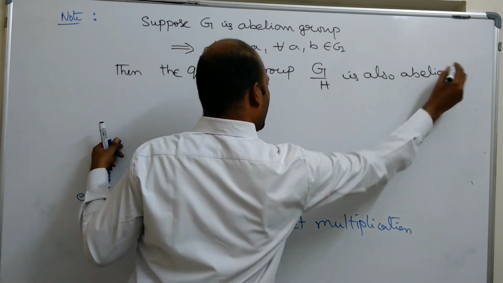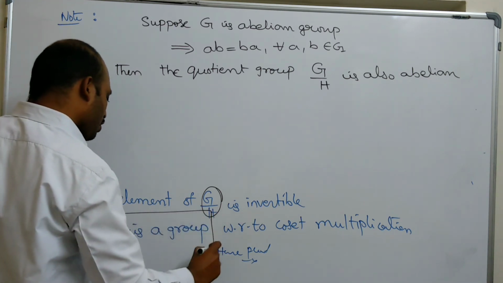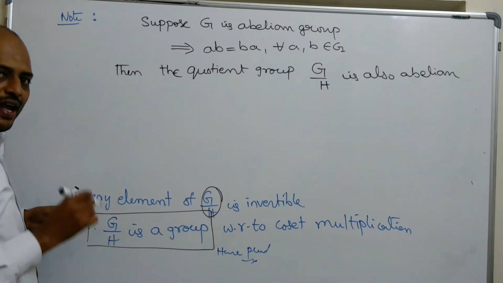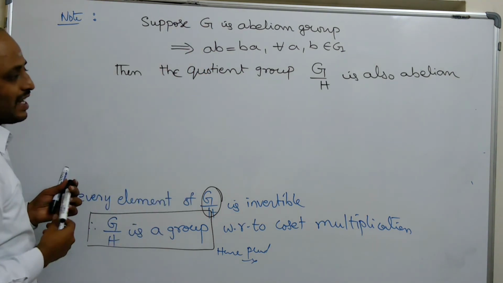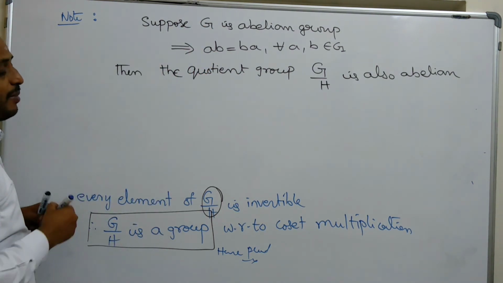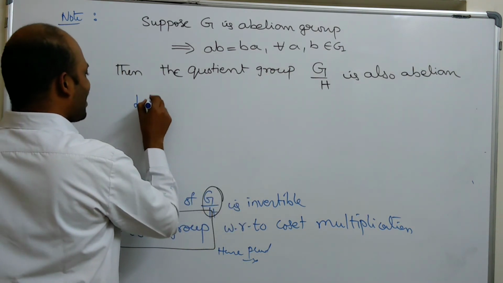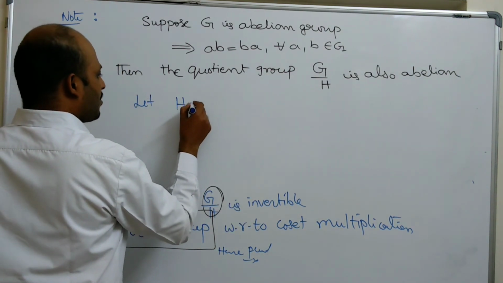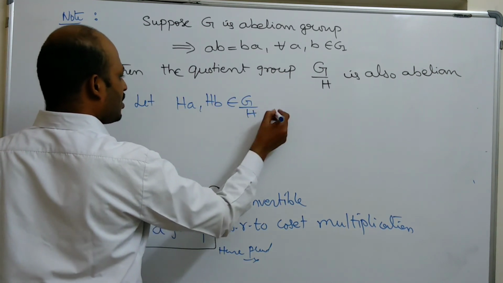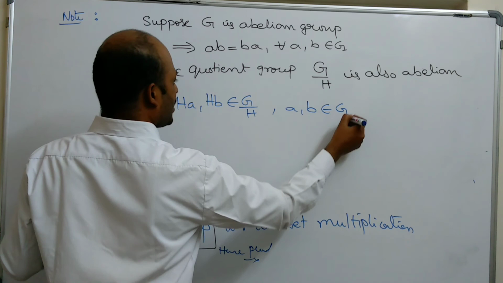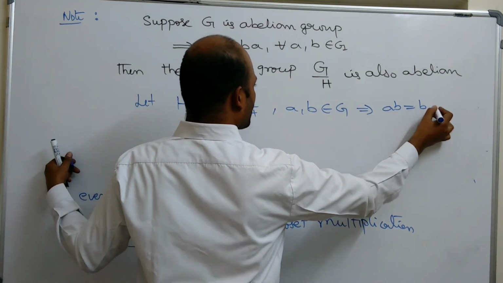In the previous theorem, we proved that G by H is a group only. In case G is an abelian group, then the quotient group G by H is also abelian. You observe that for Ha, Hb belongs to G by H, a, b belongs to G, and the group G is abelian, which implies ab is equal to ba.